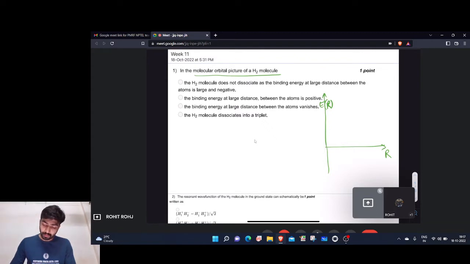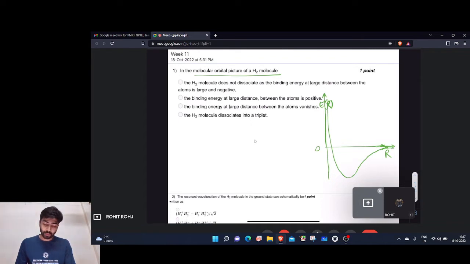In a practical sense, the hydrogen molecule should be stable at some bond length and should have a minimum, and then as the distance between the two atoms is increased, it should approach the zero value of energy, because there is no interaction between the two atoms at large distances.